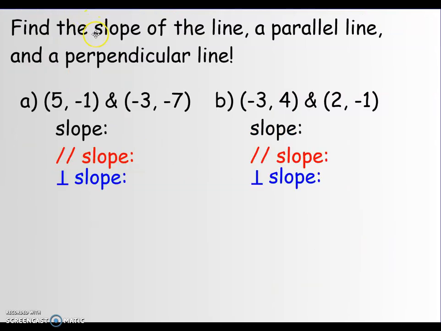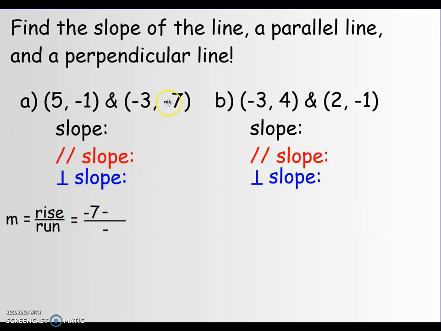So the first example here, find the slope of a line, a parallel line, and a perpendicular line. So the first example is we're going to take this point, point A, and we're going to find its slope. So let's just find the slope of A going straight up formula. M equals the rise over the run. And we know we're going to just plug some numbers in.